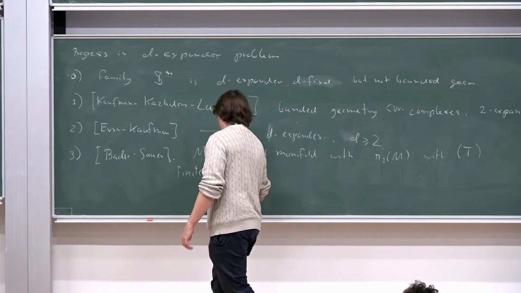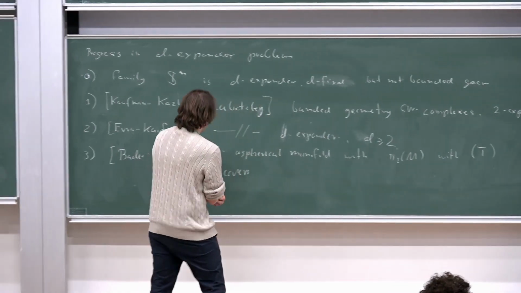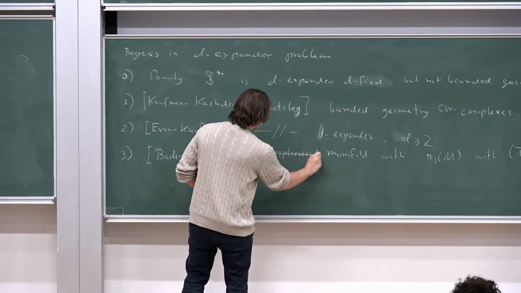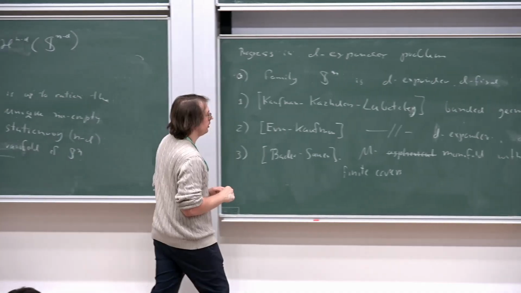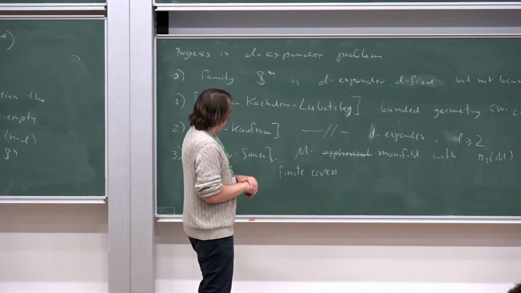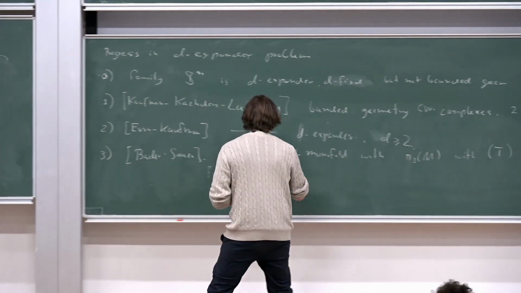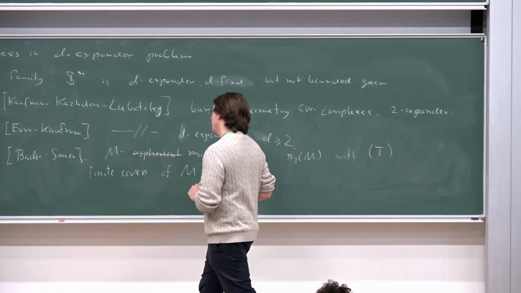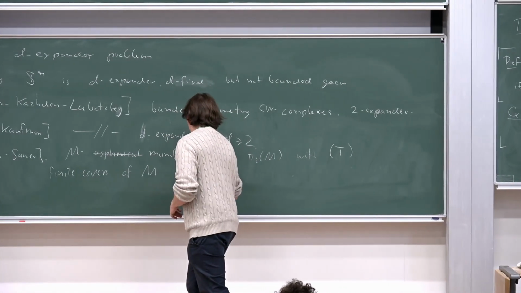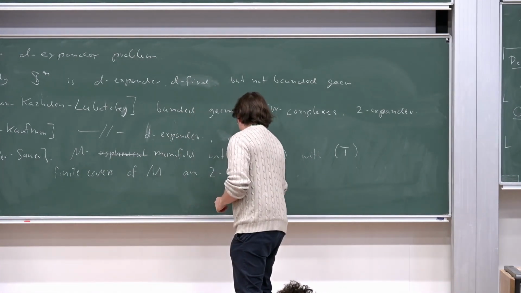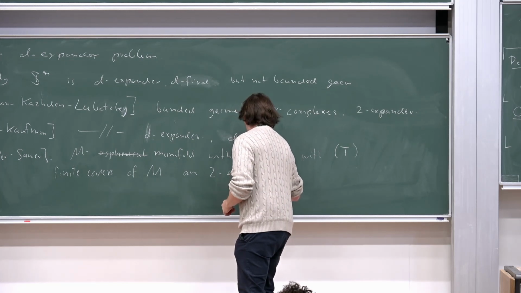Actually, you don't need spherical. So any manifold with this property: the family of finite covers of M is a 2-expander family.